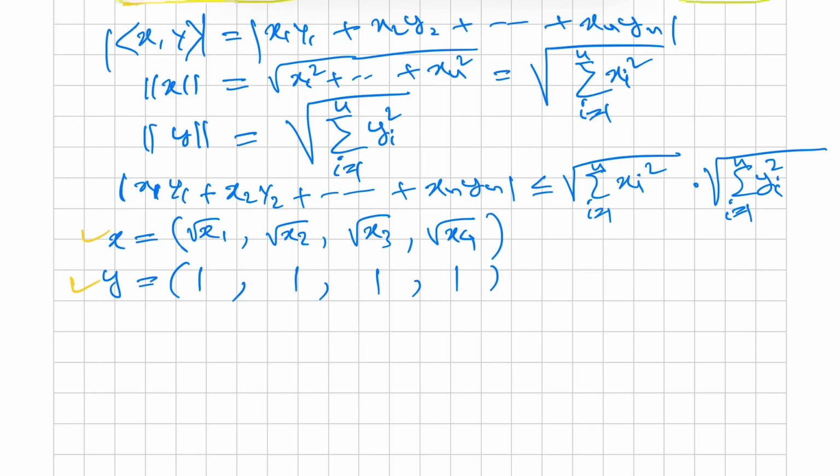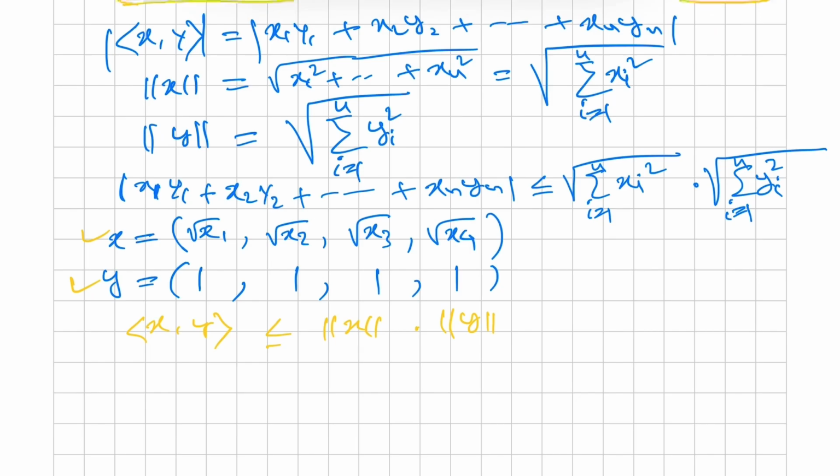Now apply the Cauchy-Schwarz, which means the inner product of x and y is less than or equal to norm x times norm y. What do we get from that?